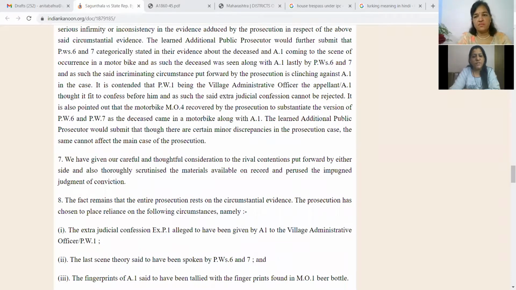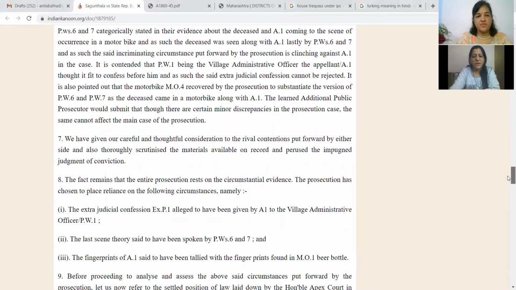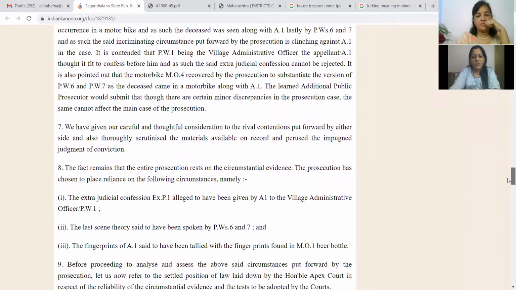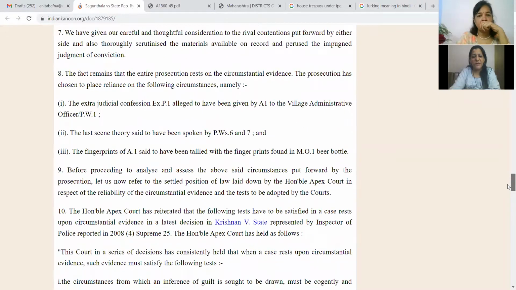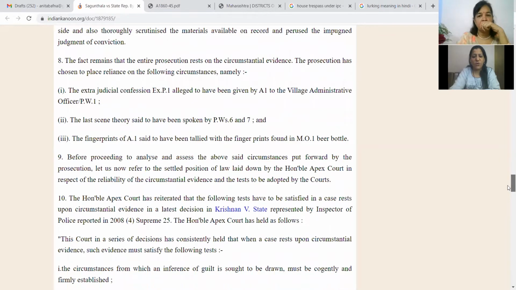The prosecution has chosen to place reliance on the following circumstances, namely the extrajudicial confession EX P1 alleged to have been given by accused 1 to the village administrative officer prosecution witness 1, the last seen theory said to have been spoken by prosecution witness 6 and 7, and the fingerprints of accused 1 said to have been tallied with the fingerprints found in material object 1 beer bottle. Before proceeding to analyze and assess the above said circumstances put forward by the prosecution.